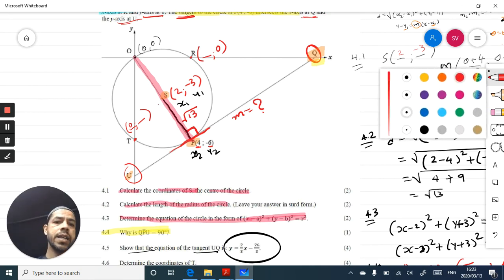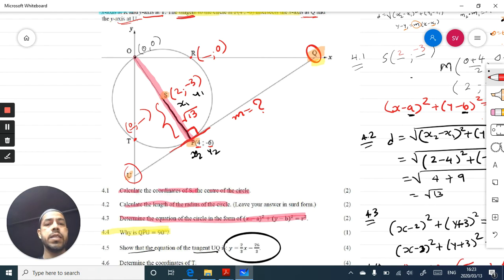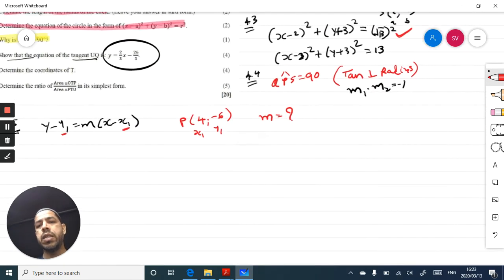If I can find the gradient of that radius, then I can do some calculation that will give me a value. So the gradient of SP, where S is the center with coordinates 2 and minus 3, and P is 4 and minus 6.